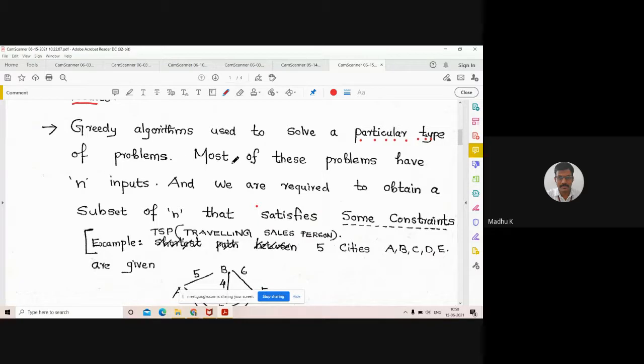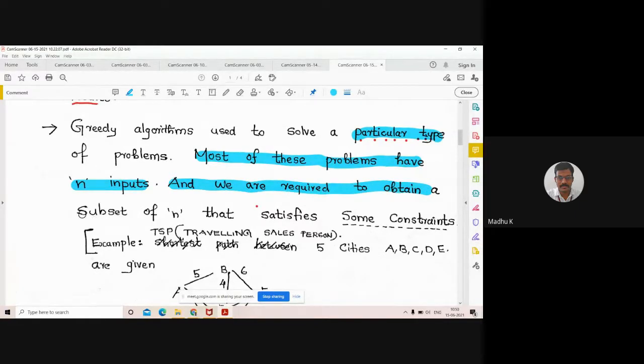The nature of the problem will be like this. This is very important. Most of these problems have n inputs, and we are required to obtain a subset of the n inputs that satisfies some constraints.